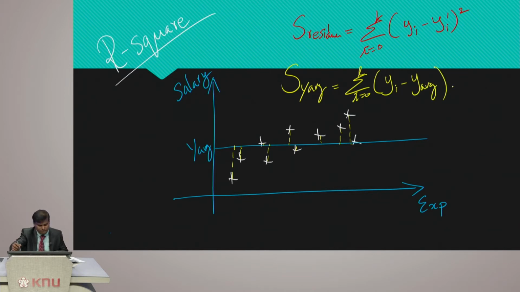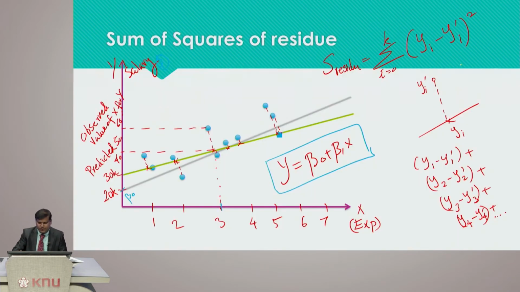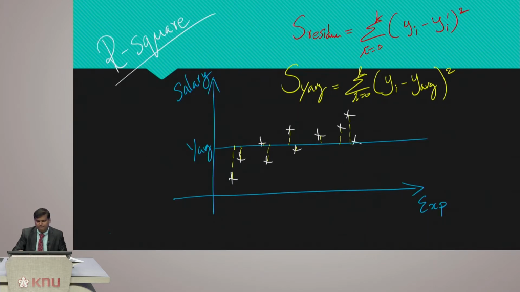Here we have this average value, so you can compare both and see how they are related. We are comparing with the average value. We have both the observed value and the average value, so we take the difference between these two and then square it.